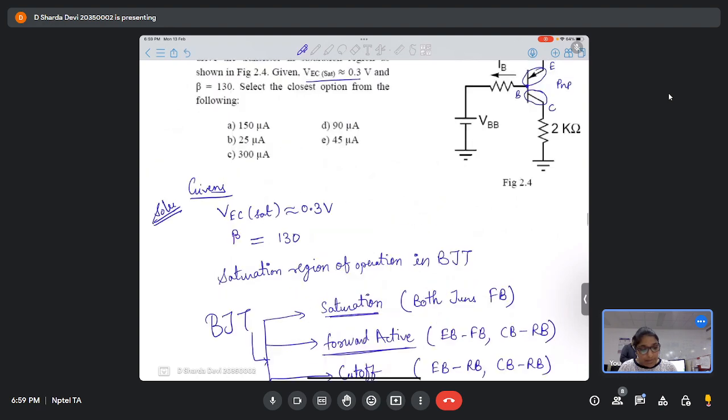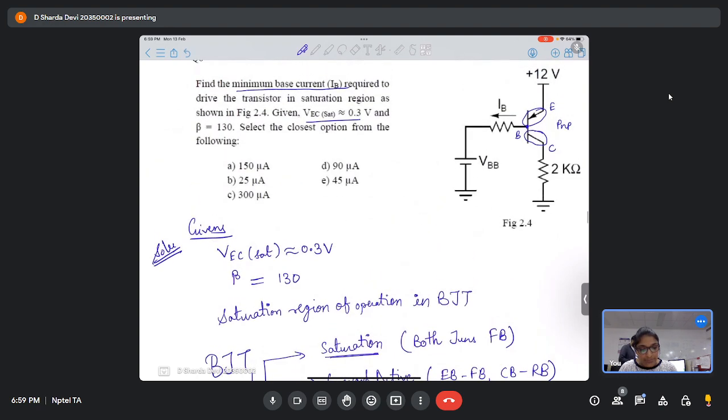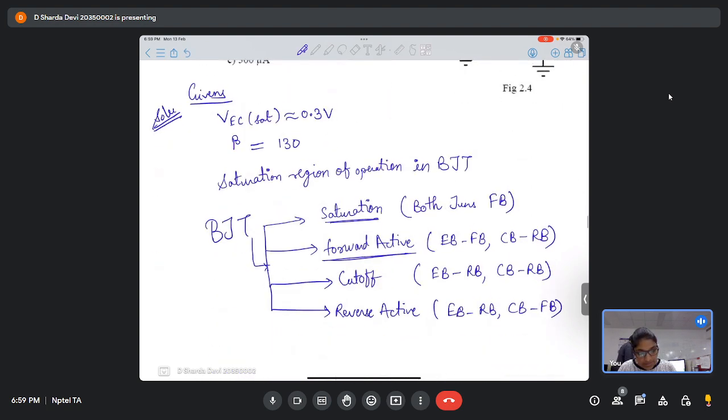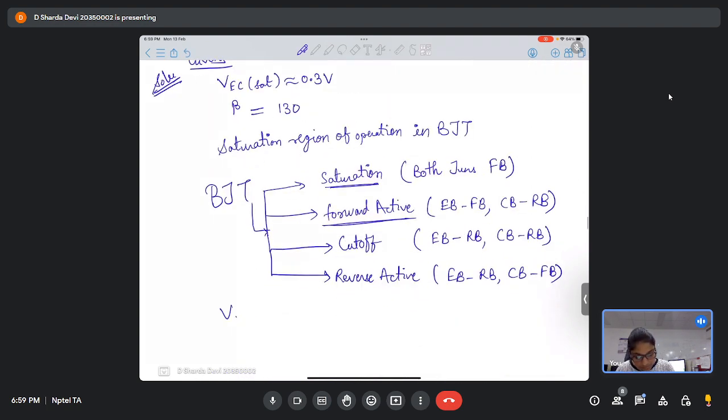So in this structure we have to find the base current such that our transistor is in saturation. VEC is given. That means V minus VC, right?